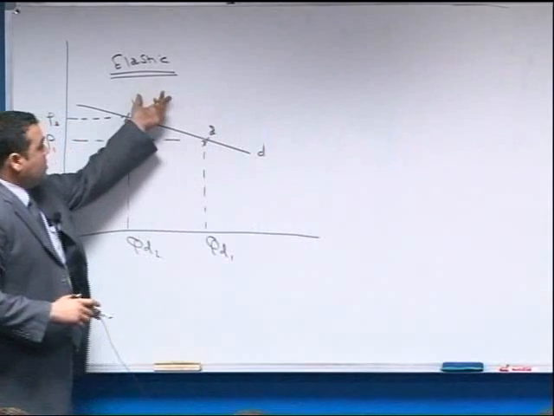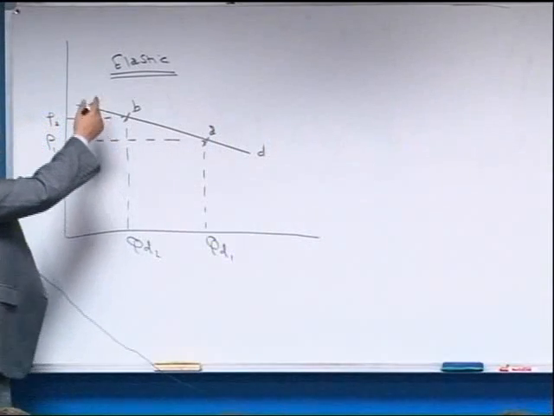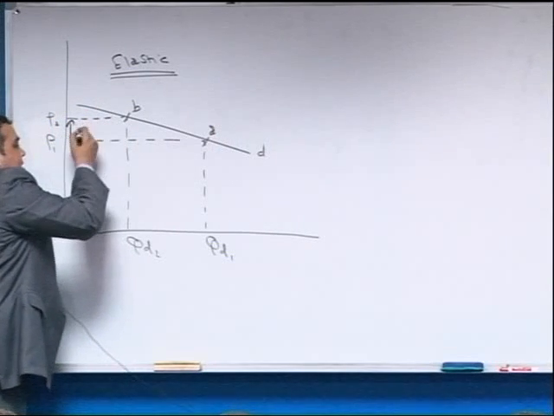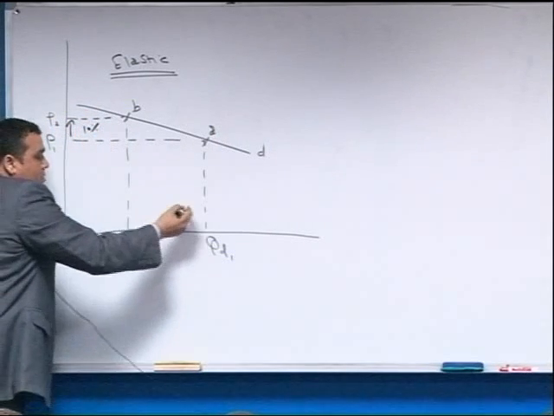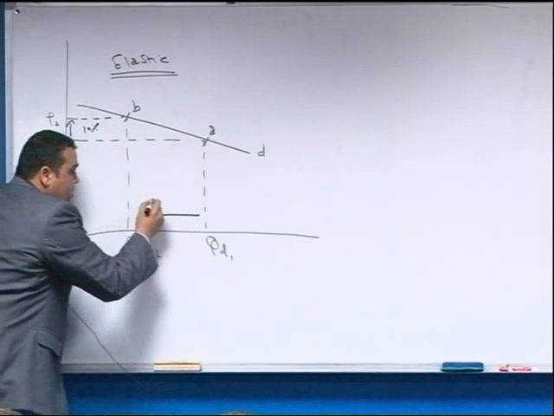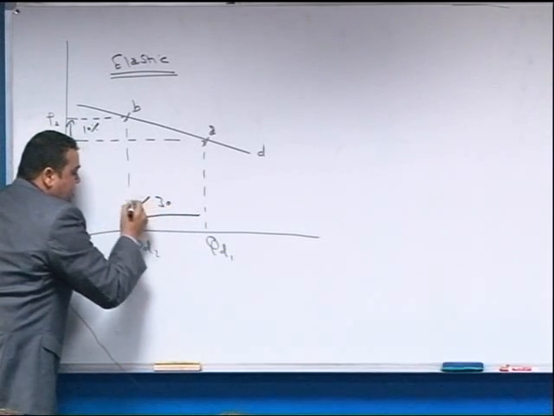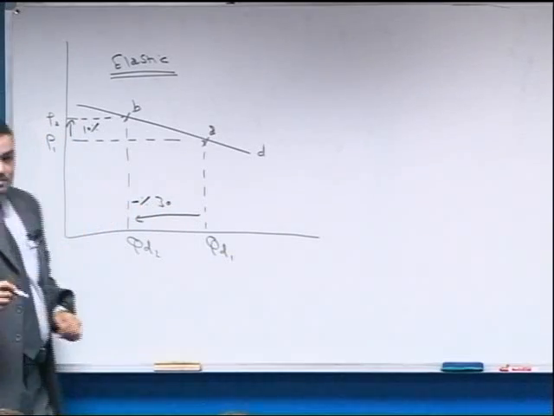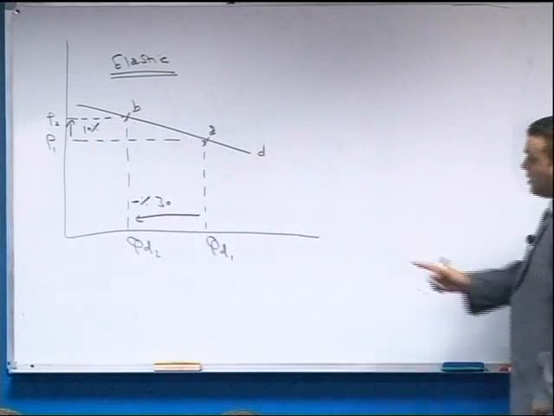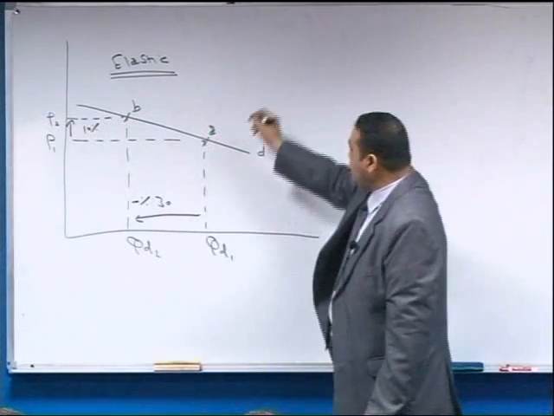So when the demand is elastic, increasing the prices by 10% leads to a larger decrease in the quantity demanded, maybe 25 or 30%, right? So as you see, in this case, the demand is elastic.